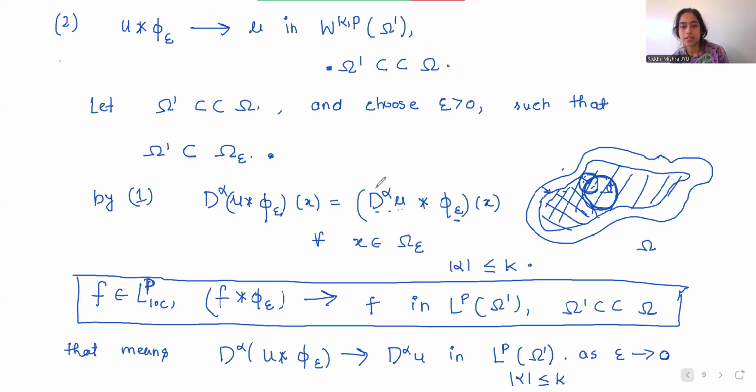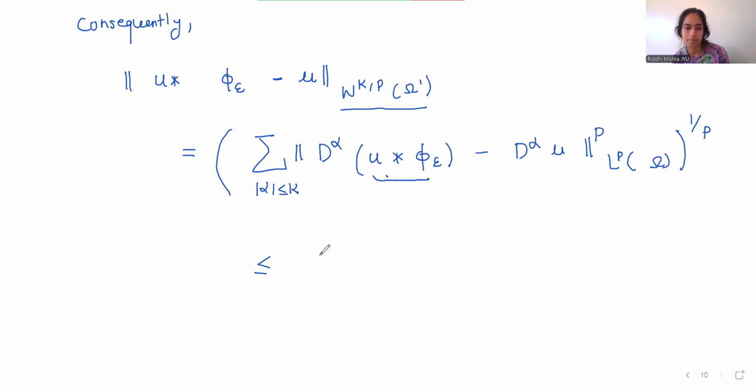So this means that this is less than some delta as epsilon goes to 0.